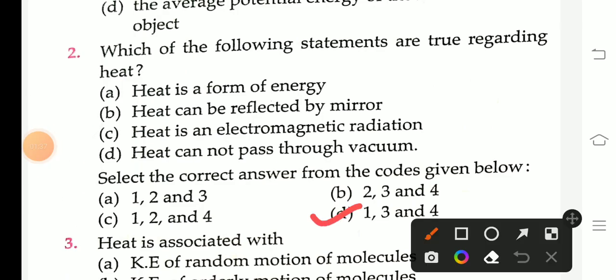Sorry. Heat is a form of energy. Heat is an electromagnetic radiation. Heat cannot pass through vacuum.